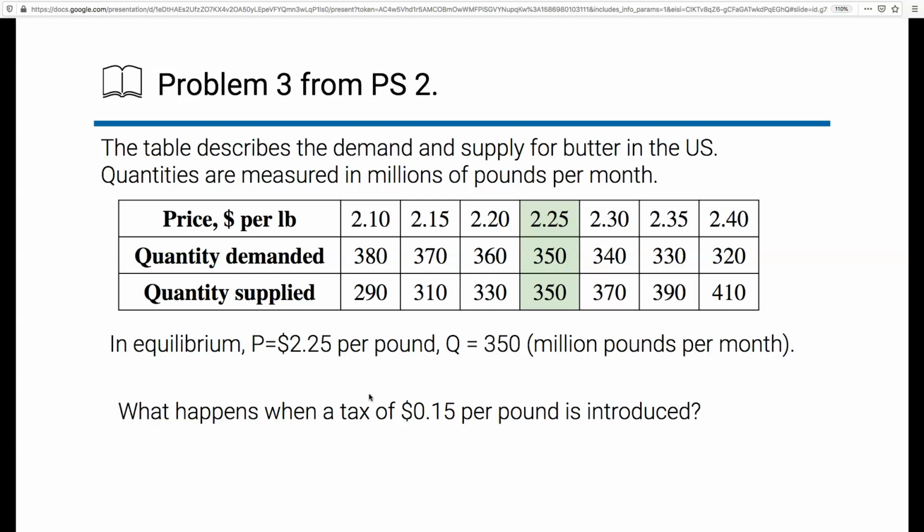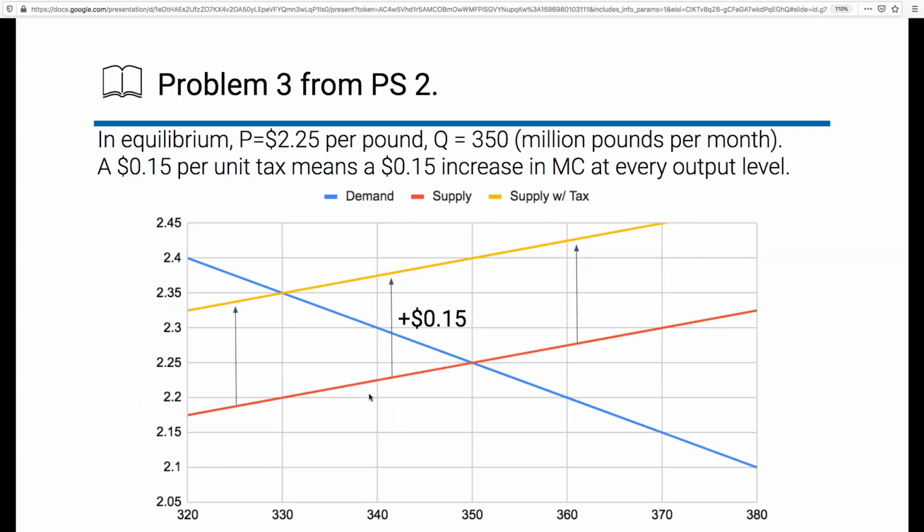So what happens with the supply curve once the tax is introduced? You can think about the supply curve shifting up or shifting to the left by the amount of tax. Basically, the suppliers with the new tax would say, okay, whatever amount we were willing to sell at 225, now we're selling it at 240 to compensate for the additional cost that we are facing with the new tax.